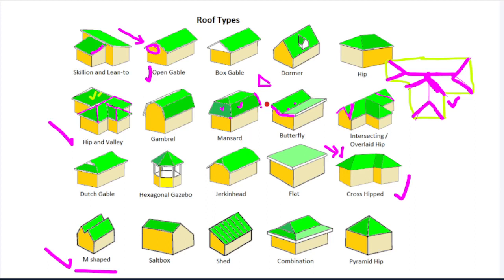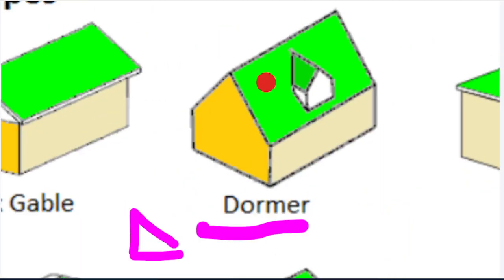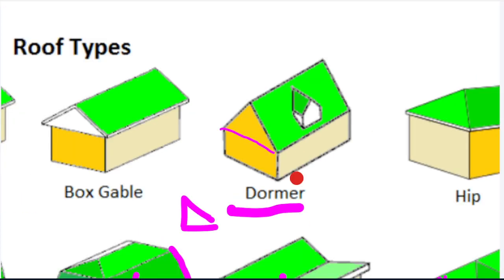We also have dormer. Dormer is the one, if you can see this one, this is dormer. The dormer is the one that we extend inside the project in order to use the space sufficiently.